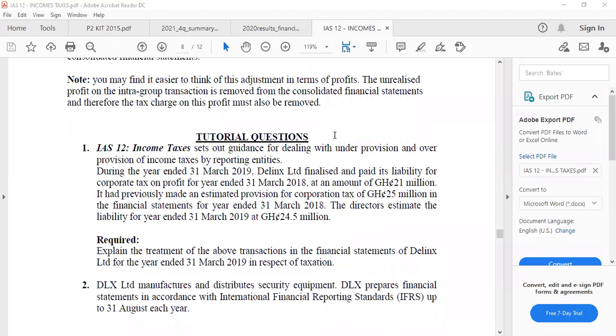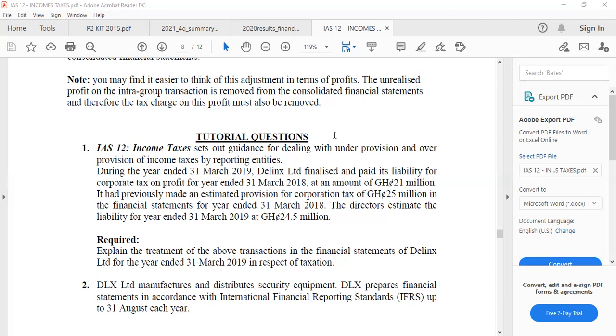IAS 12 Income Taxes sets out guidance for dealing with under provision and over provision of income taxes by reporting entities. During the year ended 31st March 2019, the Links Limited finalized and paid its liability for March 2018 at an amount of 21 million Ghana cedis.